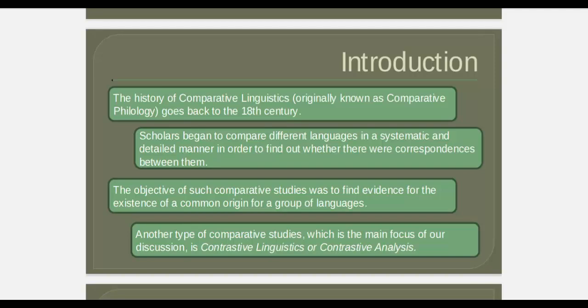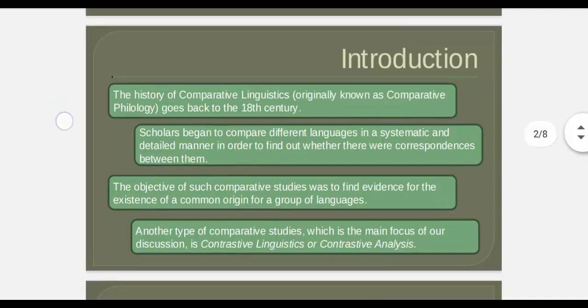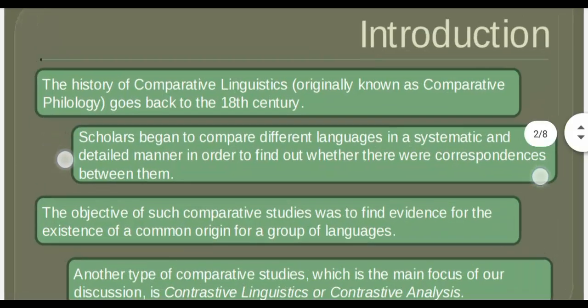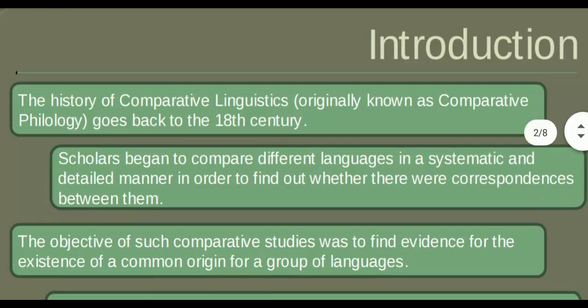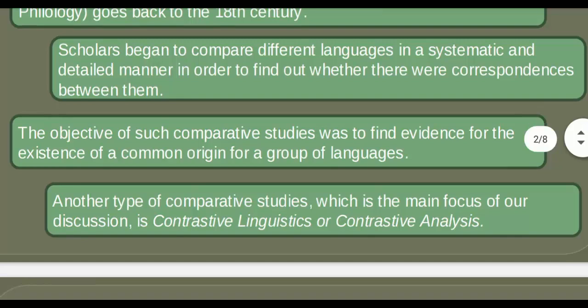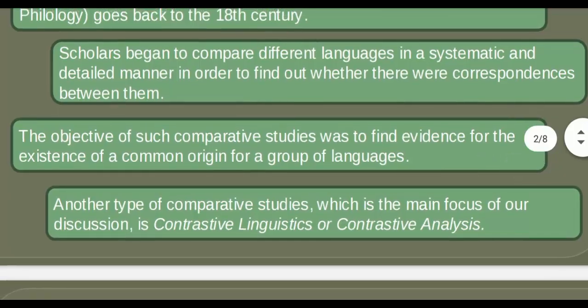Scholars began to compare different languages in a systematic and detailed manner in order to find out whether there were correspondences between them. The objective of such comparative studies was to find evidence for the existence of a common origin for a group of languages.